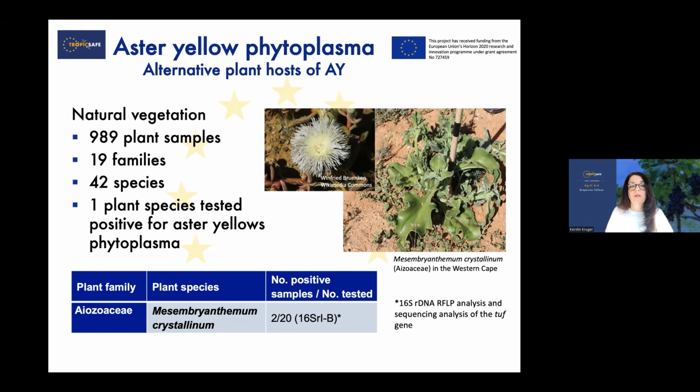So amongst all these 900 plant samples, we found 2 samples, both belonging to the same species, which were positive, and the species is Mesembryanthemum crystallinum, which occurs in South Africa and the Afrotropical region, but also naturalized in many other parts of the world, in Europe, in Asia, in Australasia, and also the Americas.